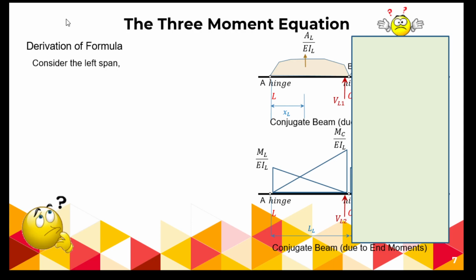Consider the left span. Ari aton nga left span. Take moment at A. Ari aton ni, take moment at A. So the shear, sa first figure ta, shear due to the external load plus the shear due to the end moments to our conjugate beam here, multiplied by the distance, the span of the left.